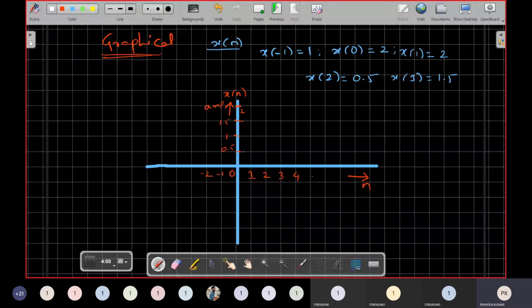Now, see, at x of minus 1 the amplitude is 1, so we draw one vertical line at n is equal to minus 1 with amplitude 1. Next, at n is equal to 0, amplitude is 2, so I am drawing one line at n is equal to 0. Next, at n is equal to 1, again amplitude is 2.